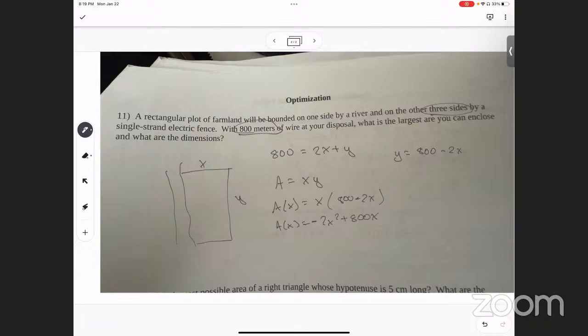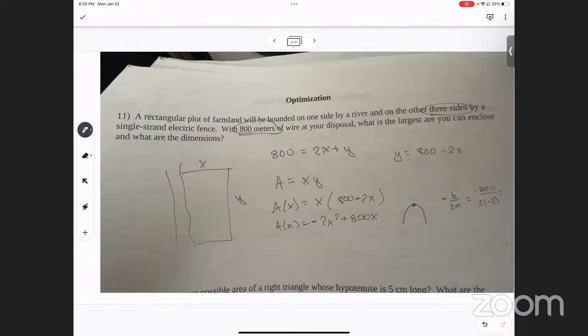And by the way, you don't even need calculus to do this. This is just an upside down parabola, right? So you remember how to find the vertex of a parabola? You know that's going to be the largest area. Negative b over 2a, that's your x value. So negative b is negative 800 over 2a.